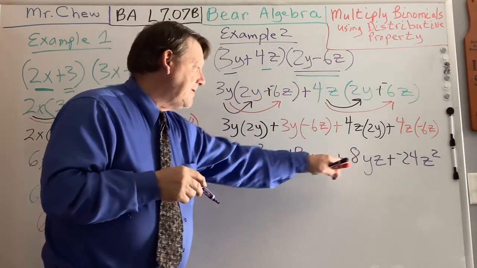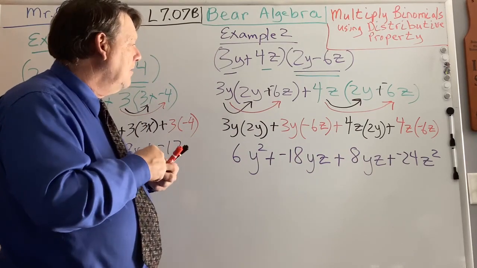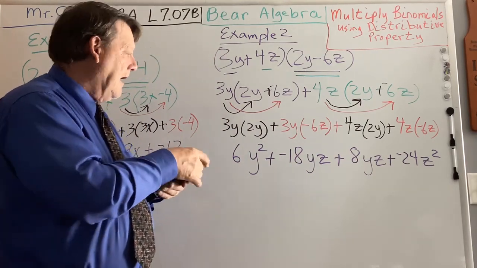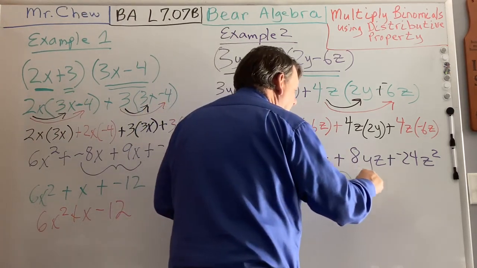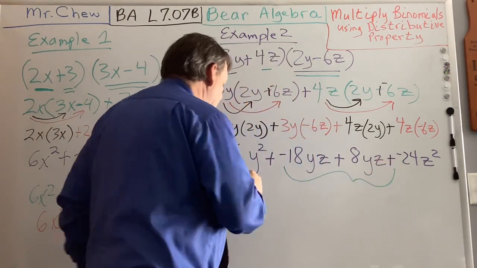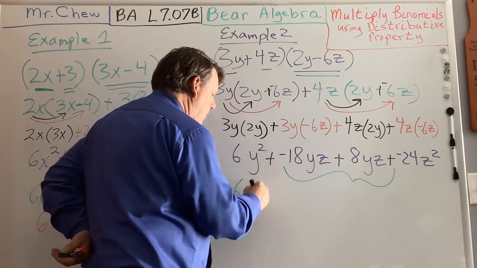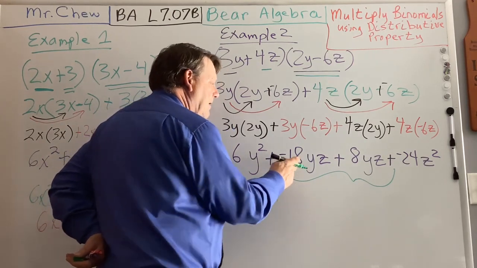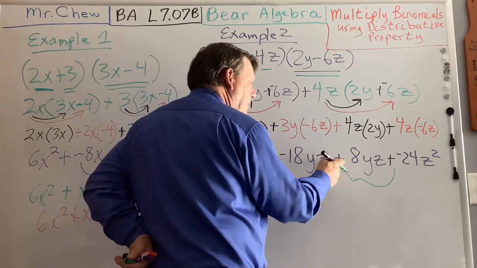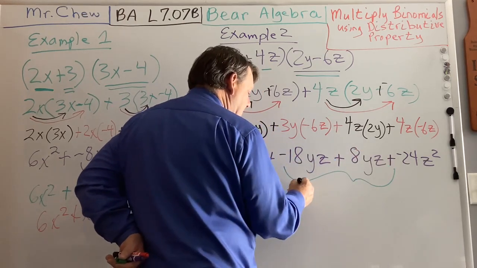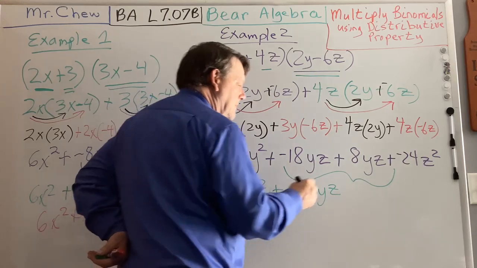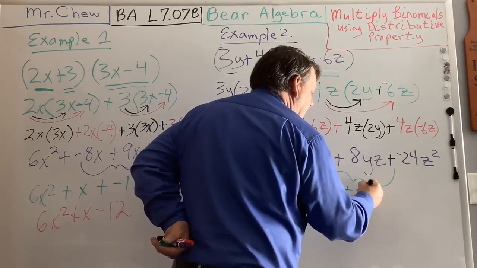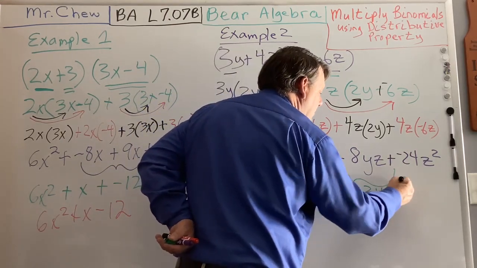So when I look at this polynomial, I see that I have like terms here. So I have 6y squared plus negative 18yz plus 8yz is negative 10yz plus negative 24z squared.